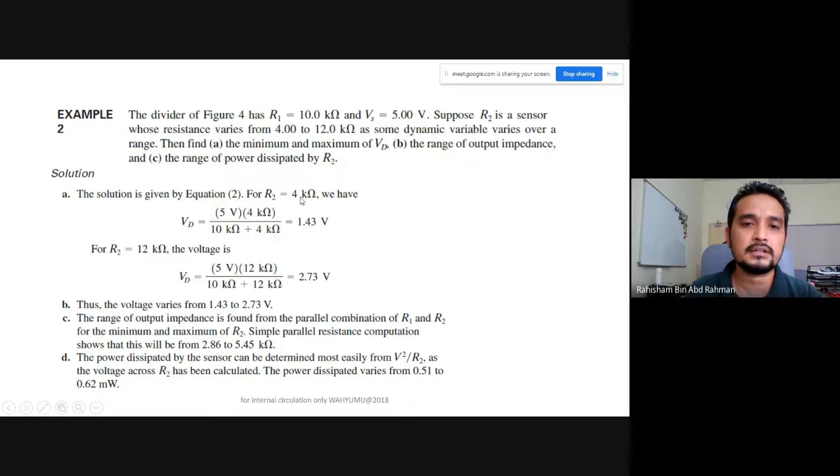What is VR? We know the VR, we know the R1, R2. So we can simply calculate this value and that will give you 0.51 milliwatt up to 0.62 milliwatt.